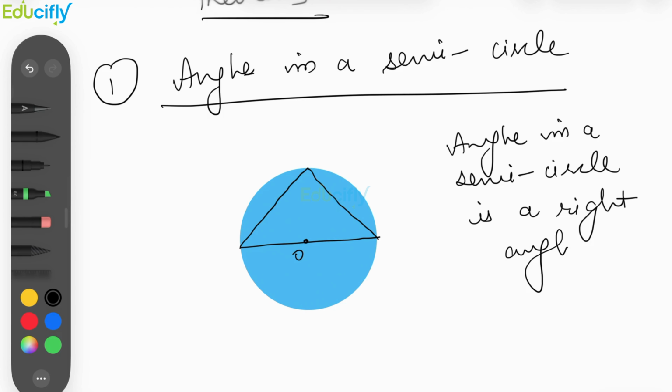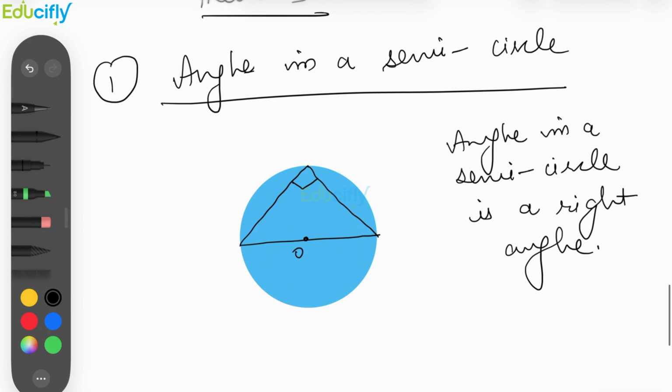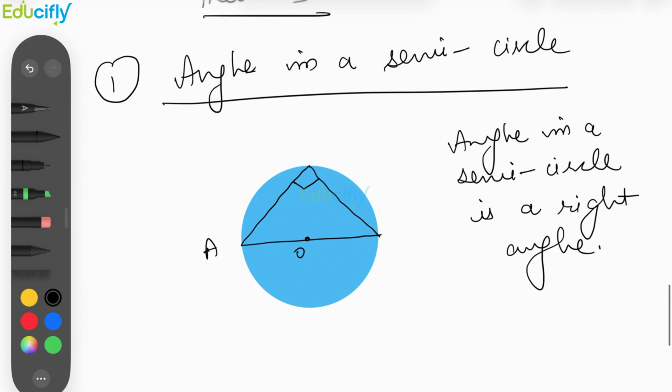This is a very easy and interesting property: if you mark two lines from the diameter that meet at the circumference, they make a 90-degree angle. Let's name it: angle ABC is 90 degrees.